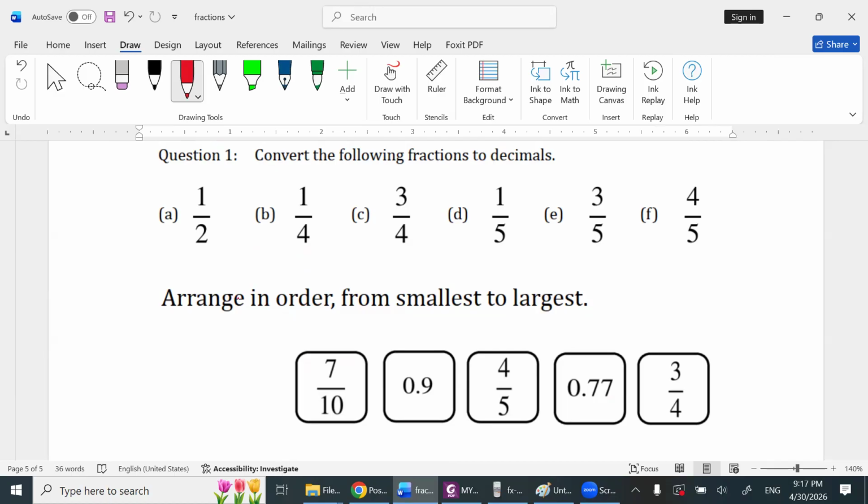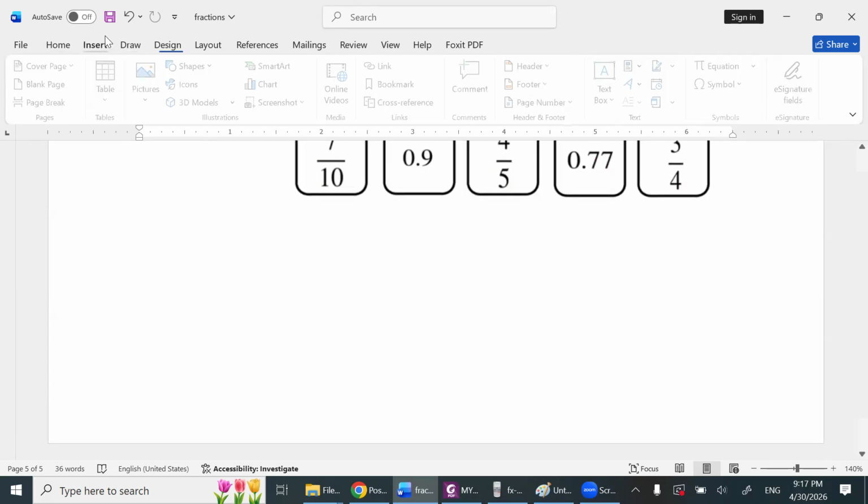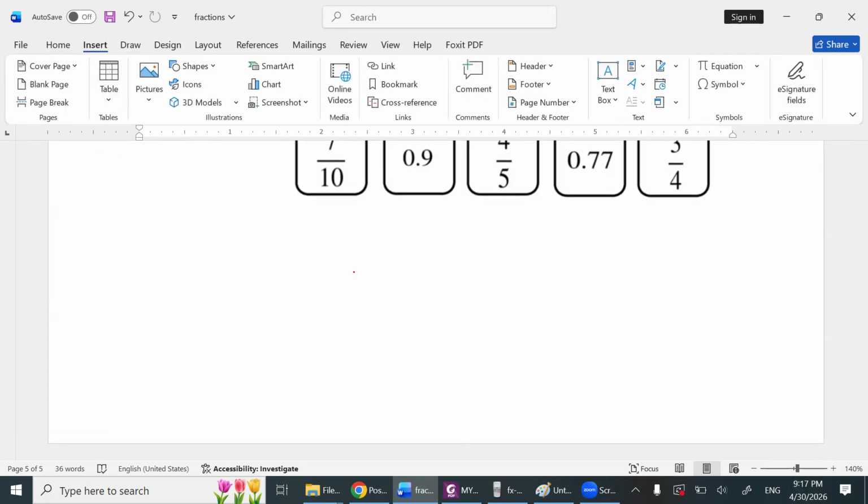How could you convert half to be a decimal? Don't forget the factor pairs of 10 or factor pairs of 100. How could you get 10? 10 is 1 times 10 or 2 times 5.